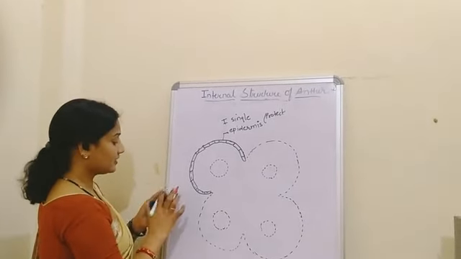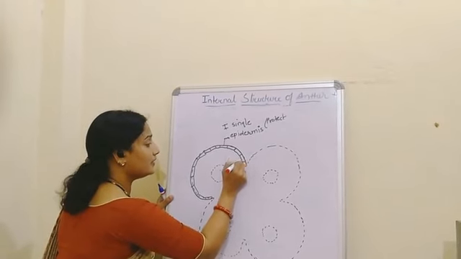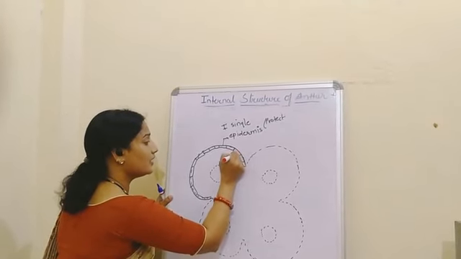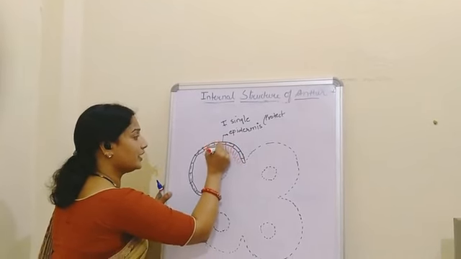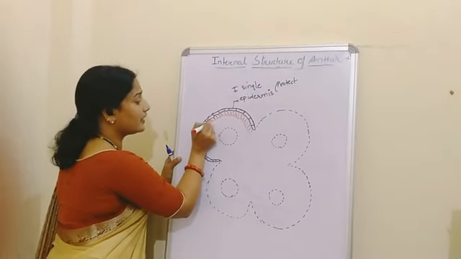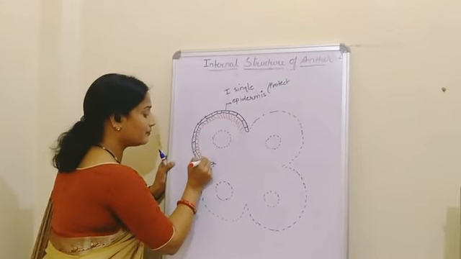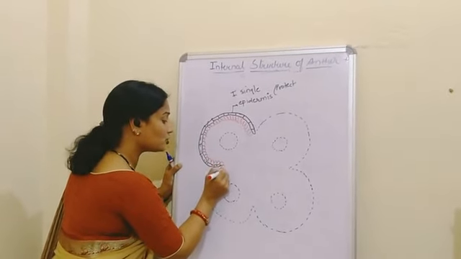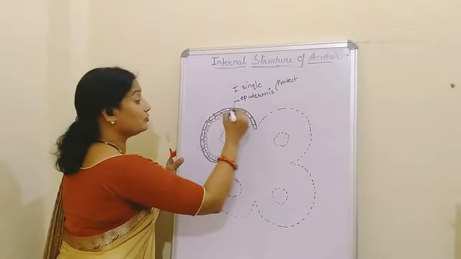The second layer is known as the endothecium, and it is radially arranged. Okay, see, I am drawing it like this. It is a compact and radially arranged structure. Clear? And it consists of callose thickening. See the point I am using.